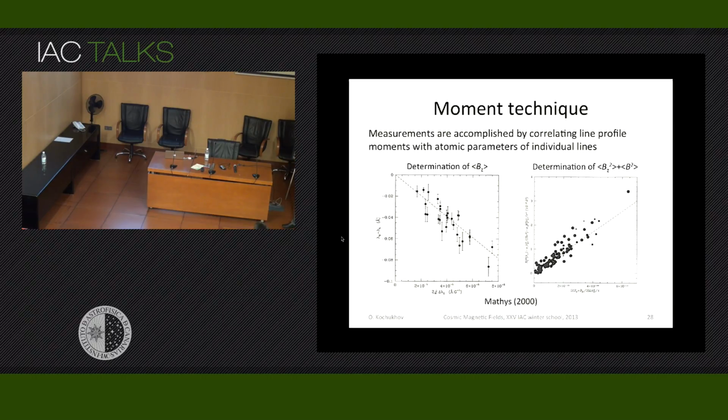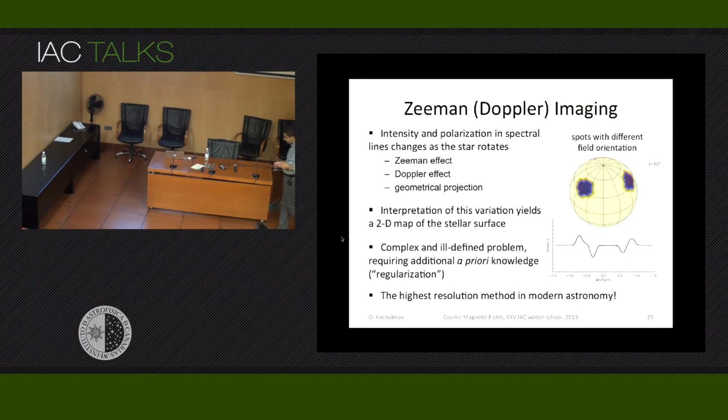So this is the determination of longitudinal field. This is quadratic field. And of course, as I repeatedly emphasized, this method works only if we have regular field. If we have spots all over the place, we are likely to get 0 low order moments.